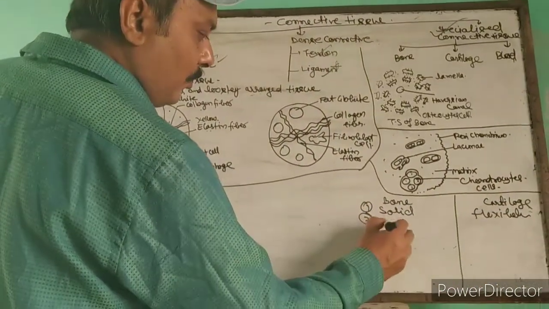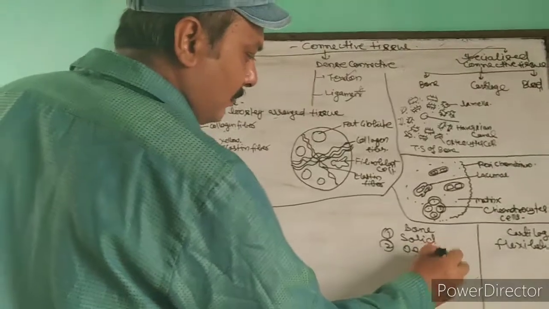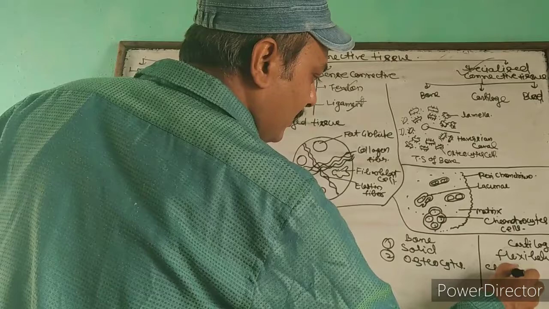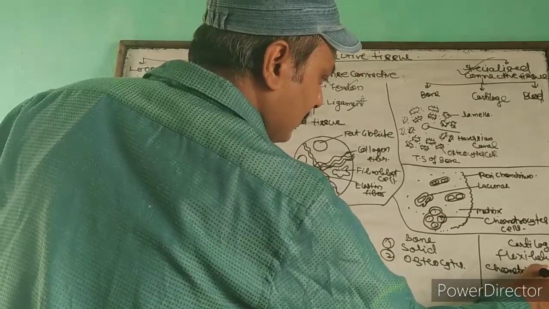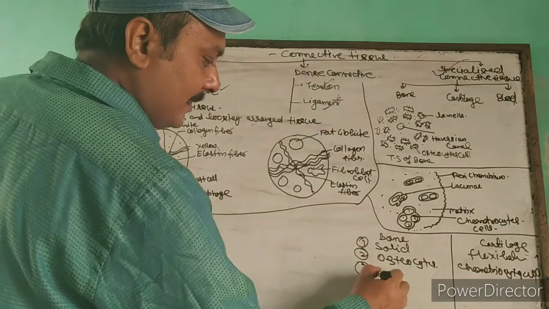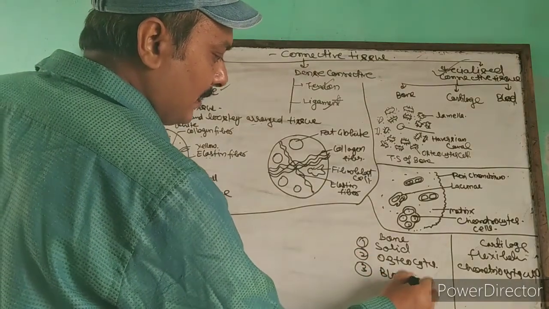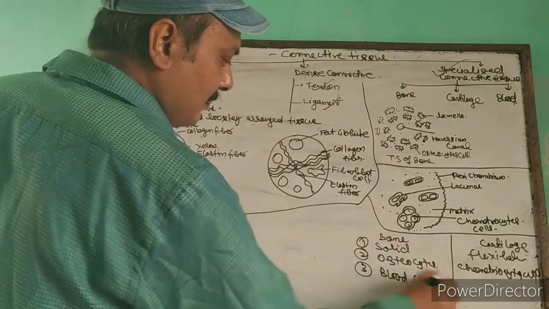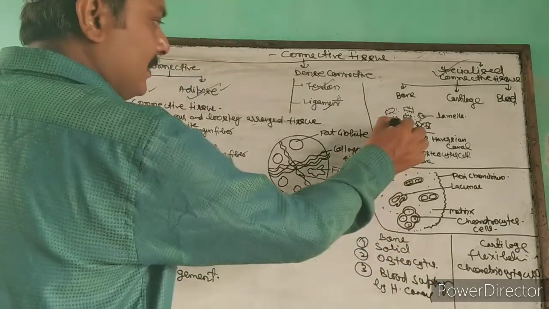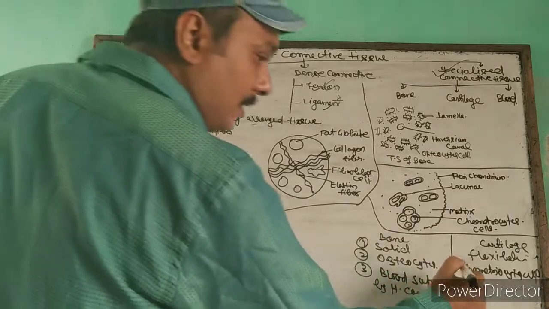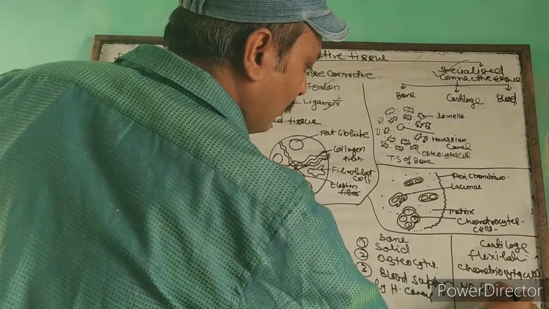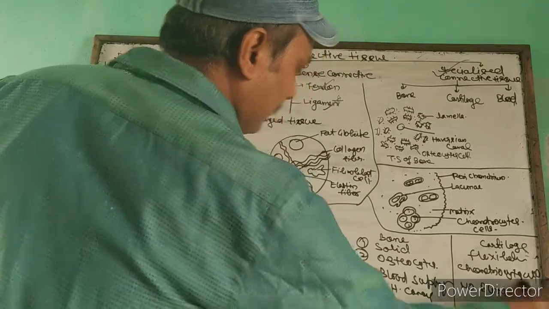Bones contain osteocyte cells, and cartilage contains chondriocyte cells. तीसरा पॉइंट अगर हम देखें, बोन्स में ब्लड सप्लाई बाय हैवर्शियन कैनाल, जैसे कि अभी हमने देखा ये हैवर्शियन कैनाल है, इनके जरिए ब्लड सप्लाई होता है. कार्टिलेज में नो ब्लड सप्लाई.